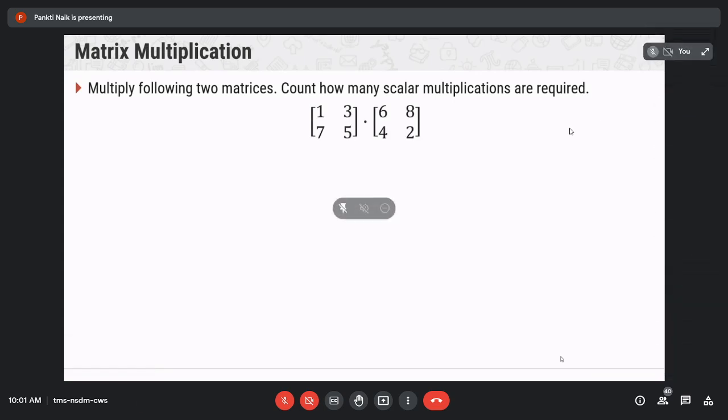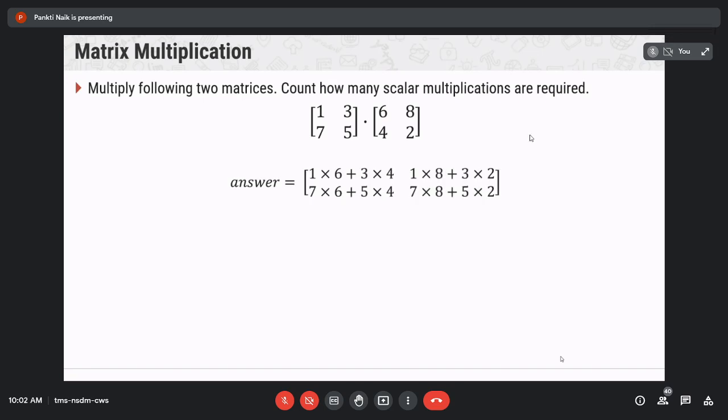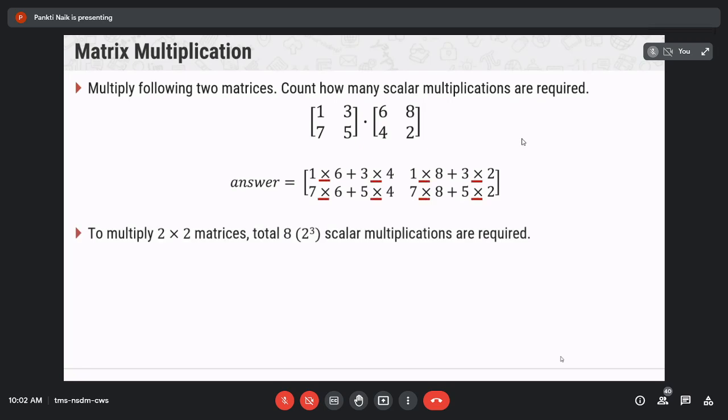Consider this example, right? Multiply these two matrices. If we use the simple multiplication method, the multiplication will be like this, right? Total 8 multiplication operations and 4 addition operations. So to multiply 2 cross 2 matrices, a total of 8 scalar multiplications are required, that is 2 raised to 3.